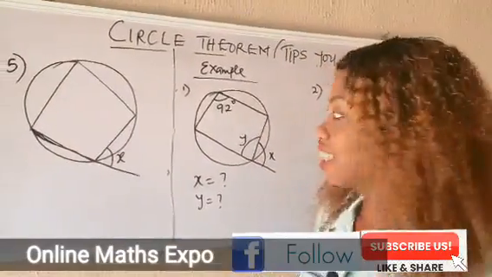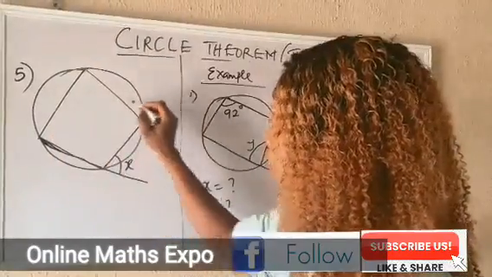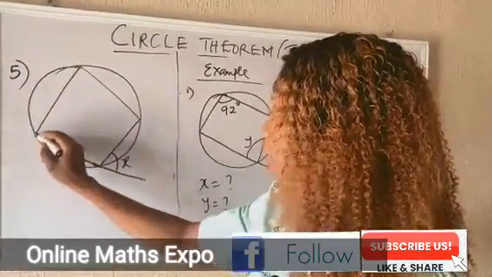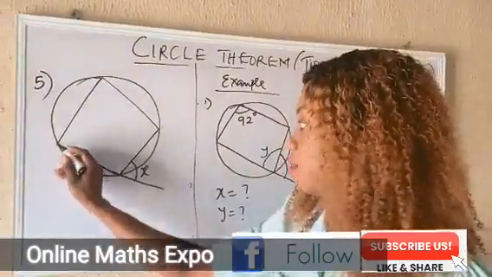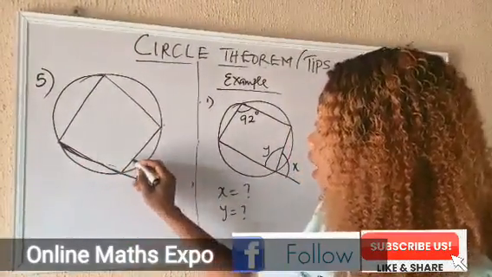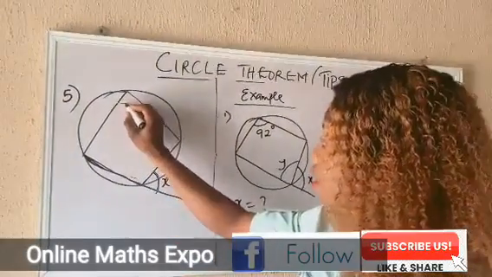I take that again. It's an extension of theorem 4. This is a cyclic quadrilateral, and if I extend any chord of that quadrilateral, the angle I form at the exterior is equal to the opposite interior.